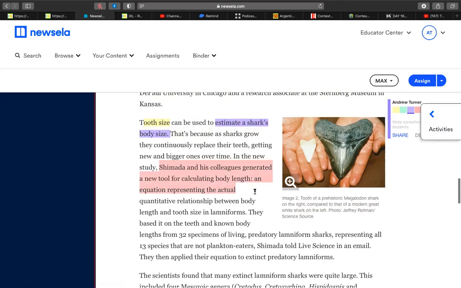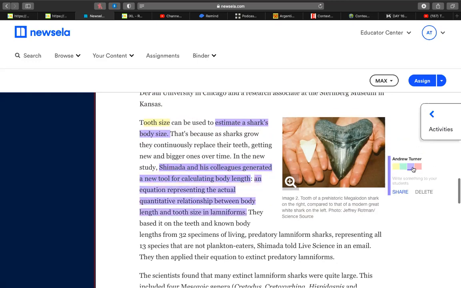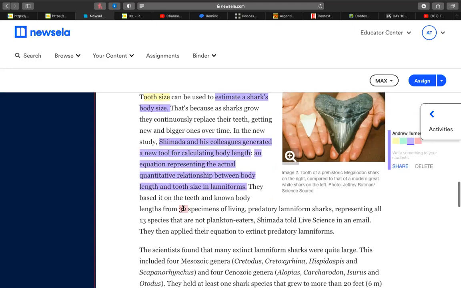They based it on the teeth and known body lengths from 32 specimens of living predatory lamniform sharks, representing all 13 species that are not plankton eaters. Shimada told Live Science in an email that they then applied their equation to extinct predatory lamniforms.